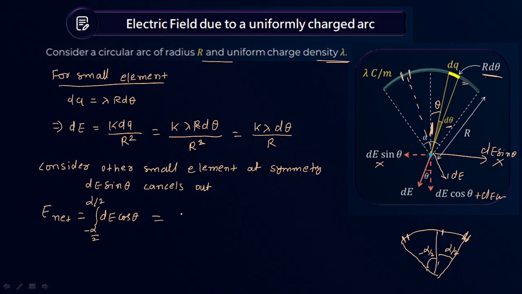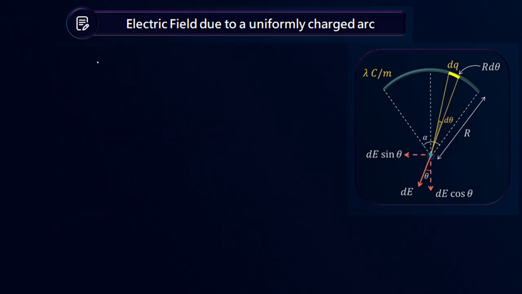Now we can put in the value. k lambda by r is constant, so we take it out, and we have the integral of cos theta d theta from minus alpha by 2 to alpha by 2.